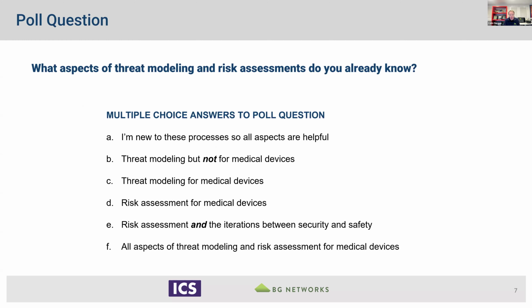For instance, if you were getting ready for a 510K, you need to come back to the threat and risk assessment 3 or 4 times, because you'll do it in the beginning, ideally. It's going to really help you figure out the sort of security you need to design in from the beginning of your development of your medical device. You'll come back to it again after there's an SBOM analysis done and vulnerabilities found potentially from the SBOM analysis.